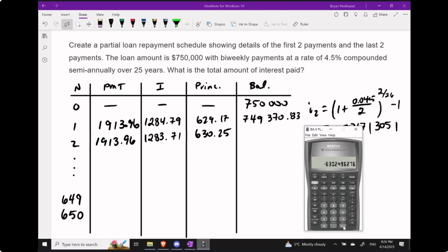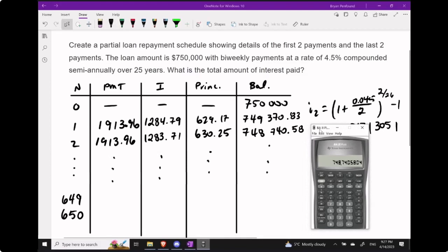And once again, if we subtract this value from the balance that we started with, which is our $749,370.83, that should give us our new and updated balance. That should take care of rows 1 and 2.